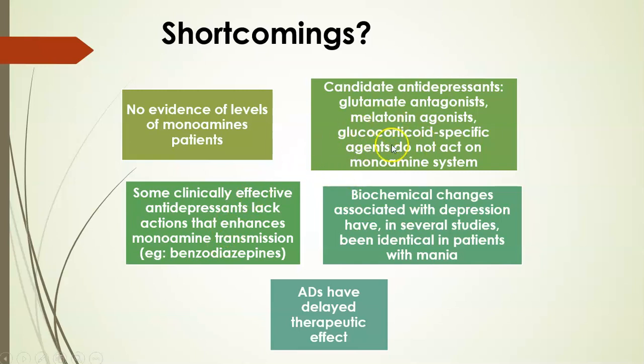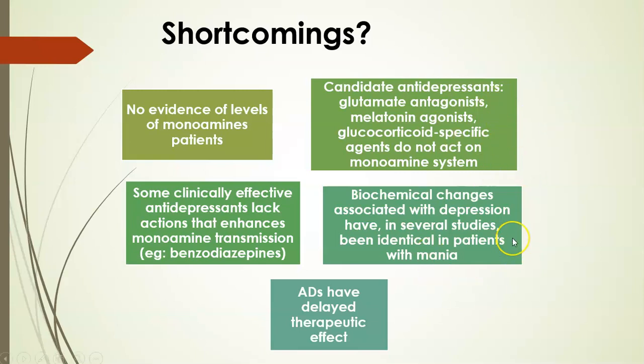And some of the newer antidepressant drugs that are still in clinical trials and development are things like glutamate antagonists, melatonin agonists, glucocorticoid-specific agents that have got nothing to do with the monoamine system, right? So that's the other problem.